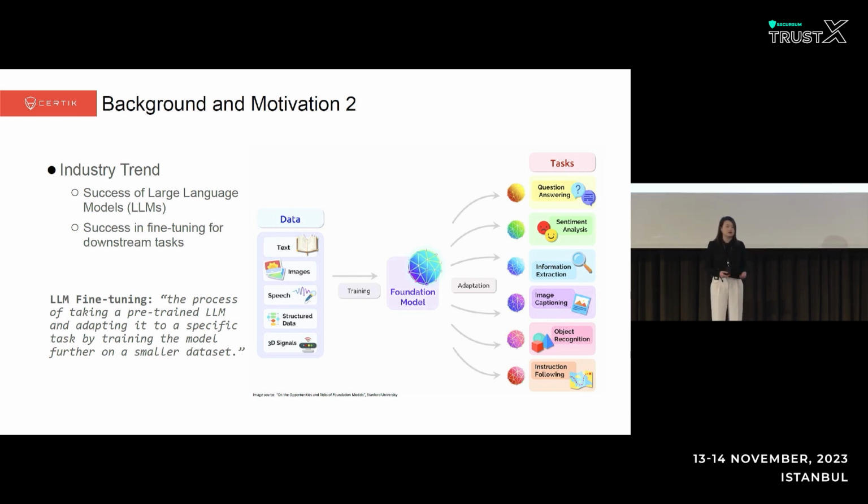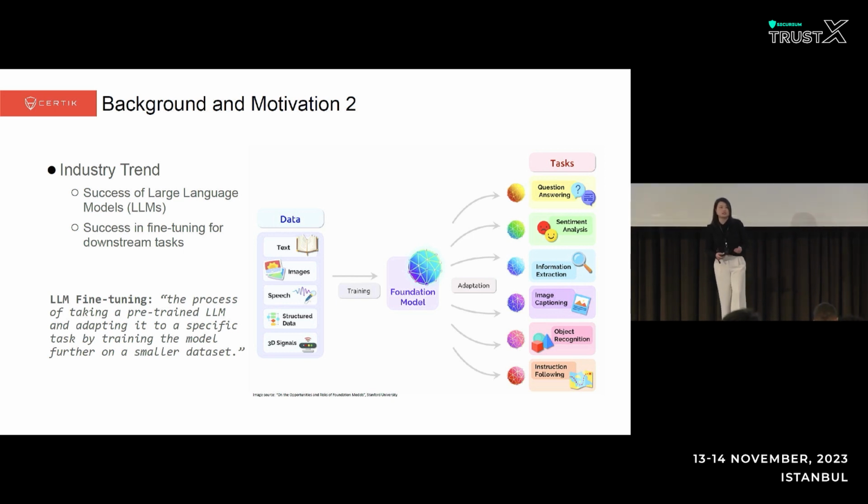So what does LLM fine-tuning mean? This is the process of taking a pre-trained LLM and making it adapt specifically to a narrower, more detailed task by training the model with a much smaller data set. If you look at the diagram, we can have customized data that comes from any unstructured data such as text, image, and speech.